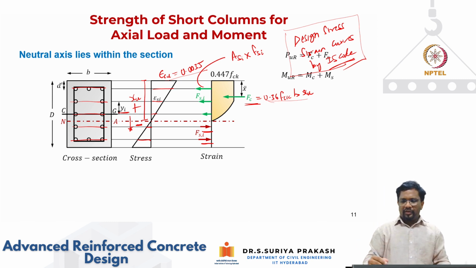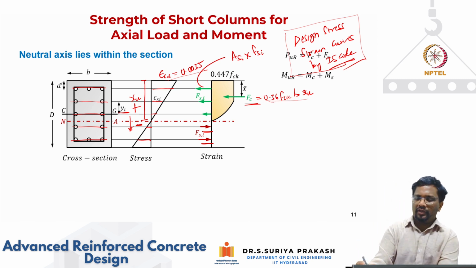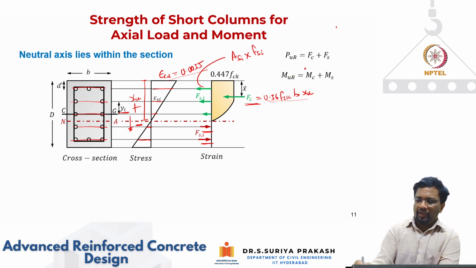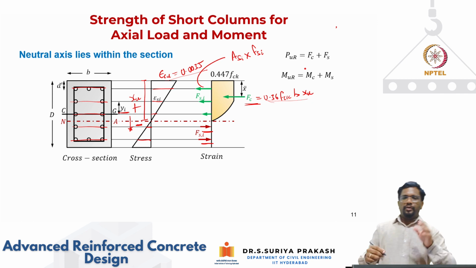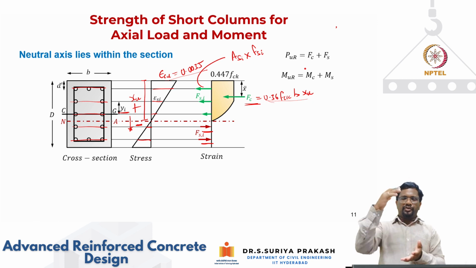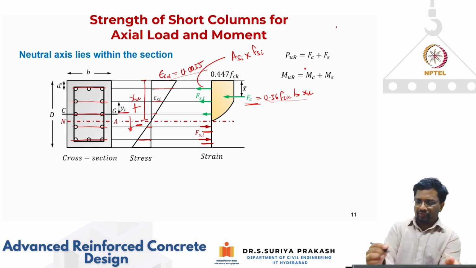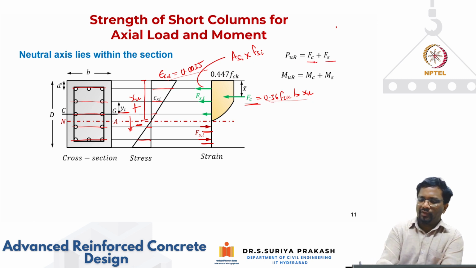So now let's look at invoking the axial force equilibrium, right? Now this is not pure bending. When you have pure bending, if I sum all the forces, it should go to 0, right? Compression should be equal to tension force. In this case, it will not be 0. Fc and Fs, when I sum them up, you get some net axial compression.